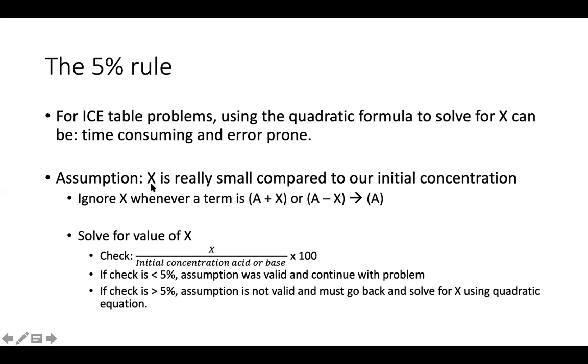However, if you do the check and it comes out to a percentage greater than 5%, then this assumption is not valid. The value of X is big enough that it will affect our initial concentration, whether we're adding or subtracting from it. So you need to go back and solve it using the quadratic formula. If you prefer to solve it through the quadratic formula, you will get it right either way.